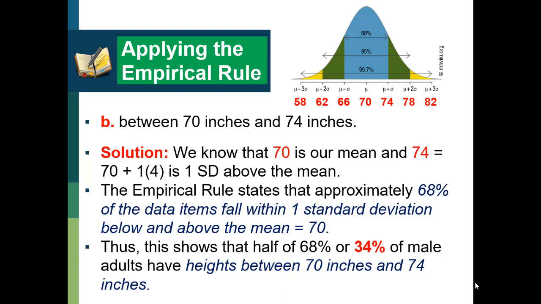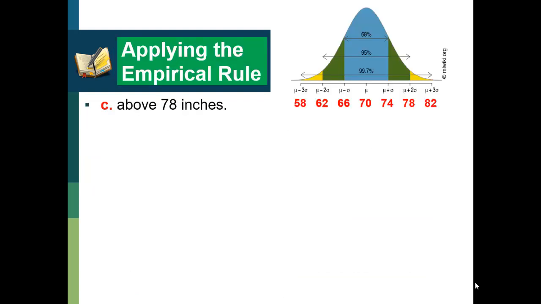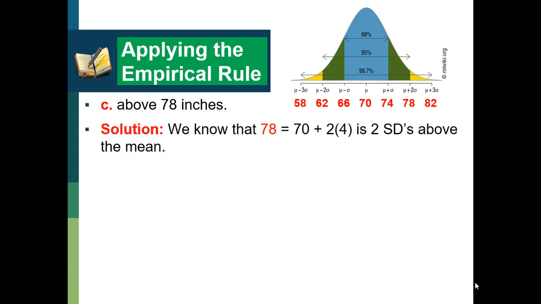Do you understand? Alright. Let's have letter C. Above 78 inches. Now, we know that 78 is 2 standard deviations above the mean. How? Because that is 70 plus 2 times 4, which is 78.